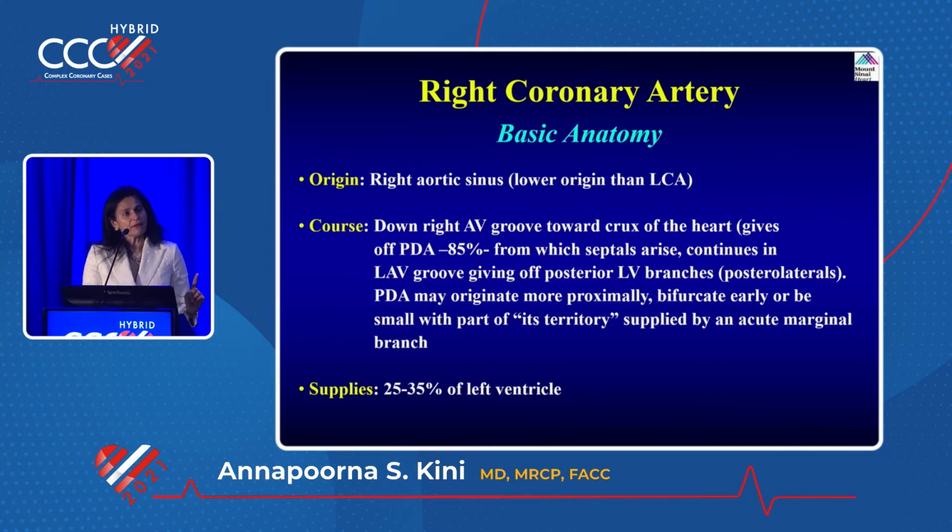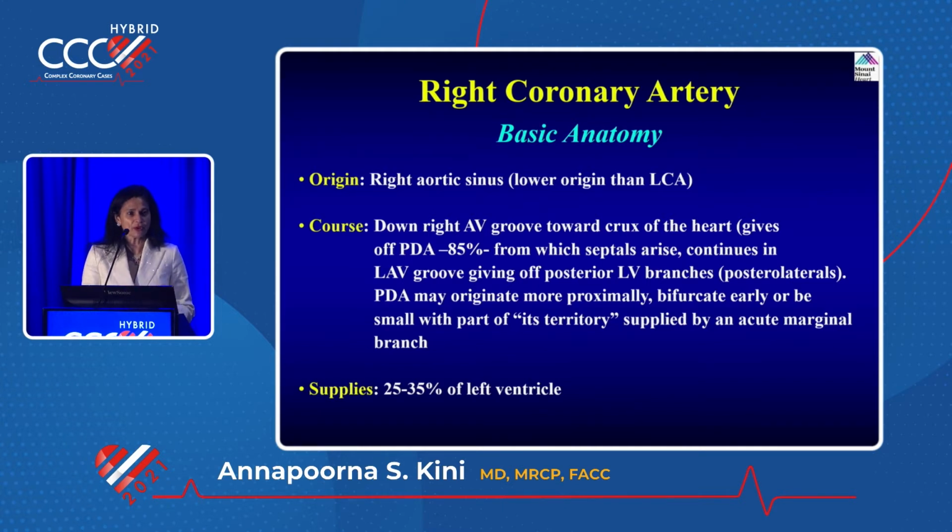Then the first branch after that is the RV branch. And RV branch is important for us if they present with an RCA MI. So if you have an RCA MI, I mean usually now nobody does left-sided and right-sided leads to see exactly if there is RV involvement or not, because the goal is to rush the patient.